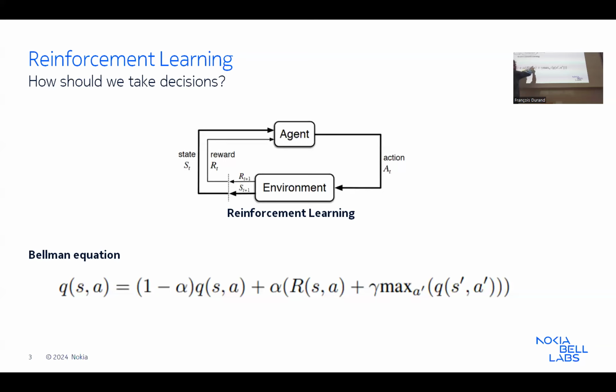This is the reward for taking an action in a given state that will put you in a state S prime, and then in the future you take the action that maximizes the Q value for that new state. So in summary, if you take the fixed point of this equation, you get a long-term value for taking action A in any state. And what you want to do is always take the action that maximizes this.